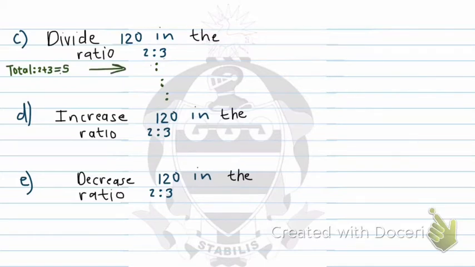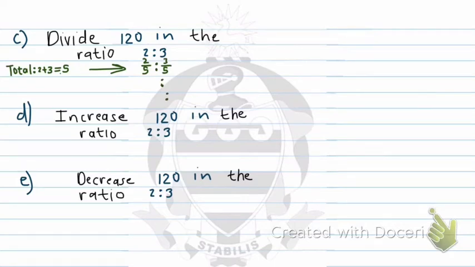All right, so let's answer this question now. I have to divide 120 in the ratio 2 to 3, and we know that there are a total of 5 parts. So one person will get 2 of the 5 parts, while the other person will get 3 of the 5 parts. Okay, so how much is that?